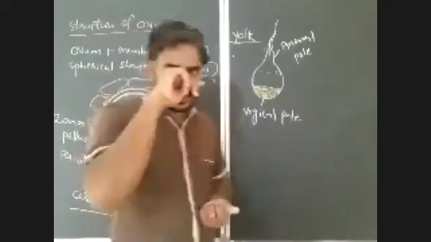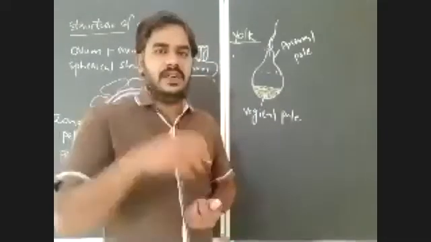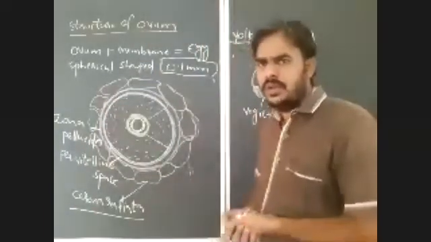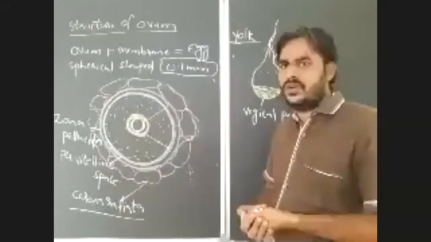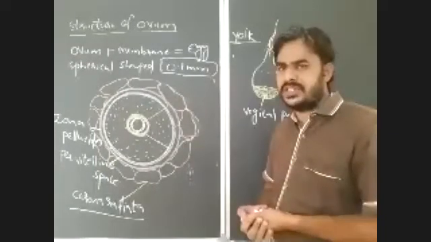I think already I gave you about vitellogenesis. That is the process of deposition of yolk in the egg. Already you know yolk is the highly nutritive yellow color substance which is essential for the nourishment of embryo during embryonic developmental stages.